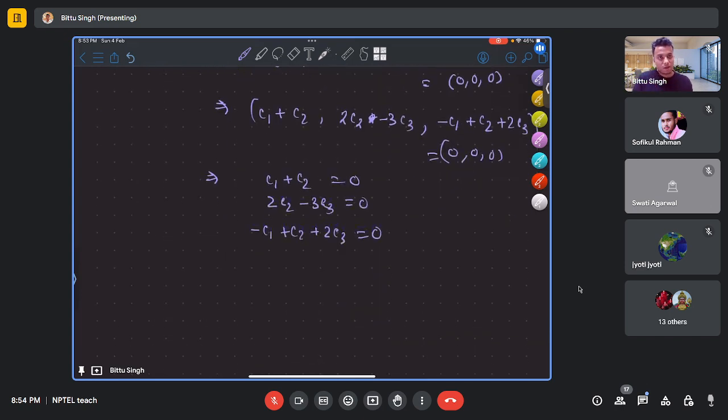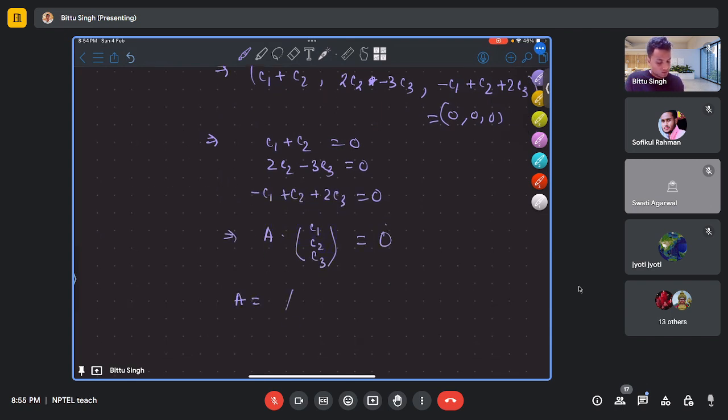This system can be written in matrix form. What will be the matrix? It is A times (C1, C2, C3) equal to the zero matrix. What is A? A is the coefficient matrix: 1, 1, 0; 0, 2, -3; -1, 1, 2.